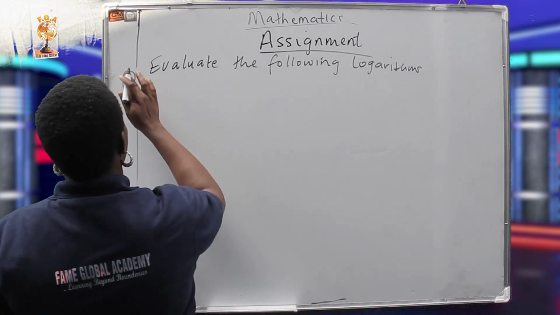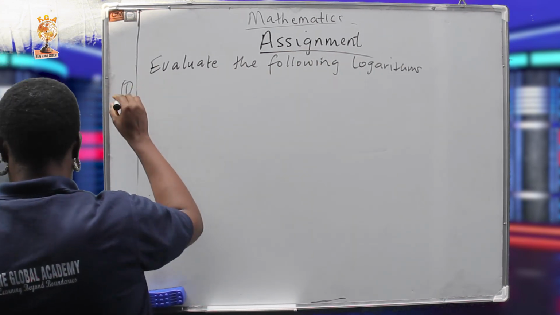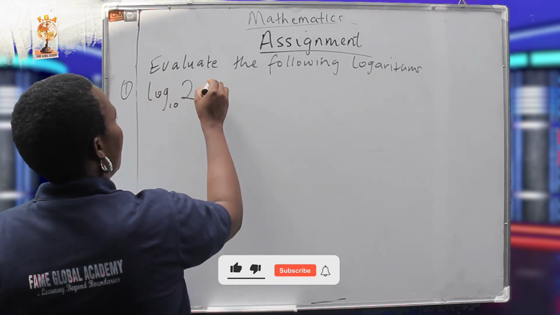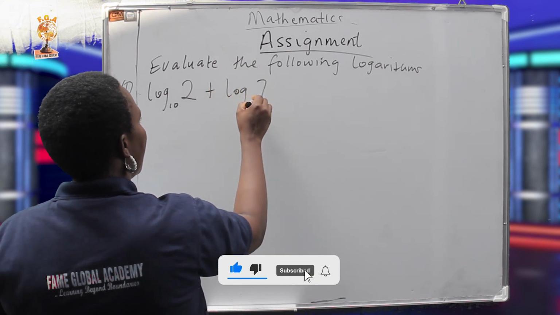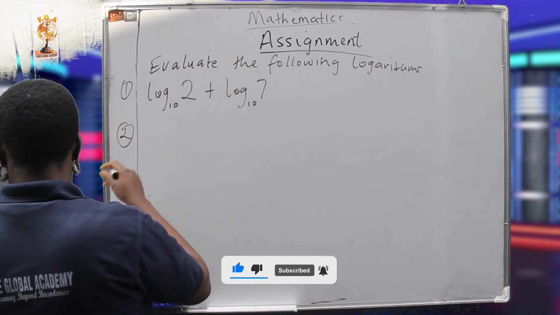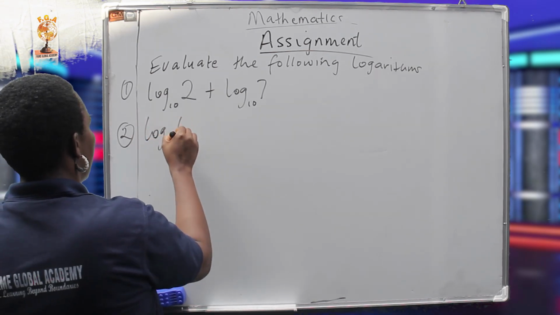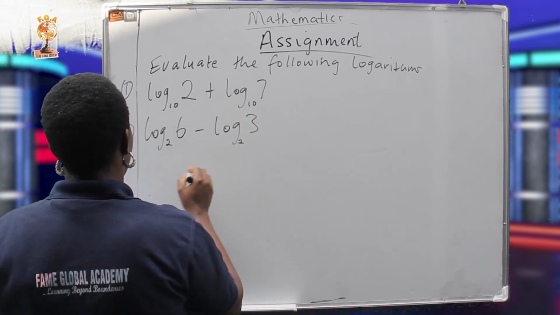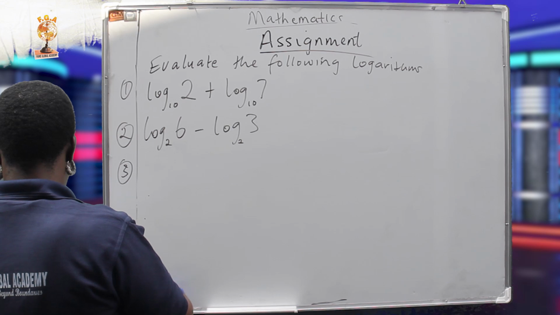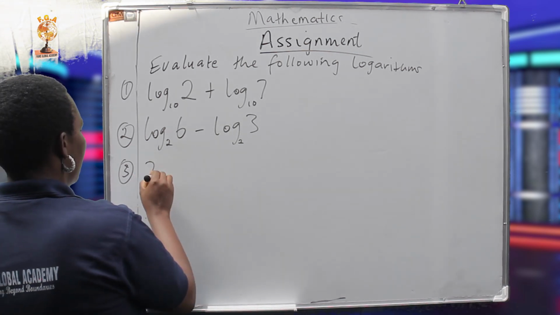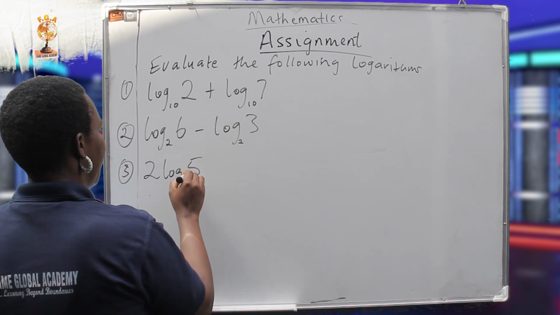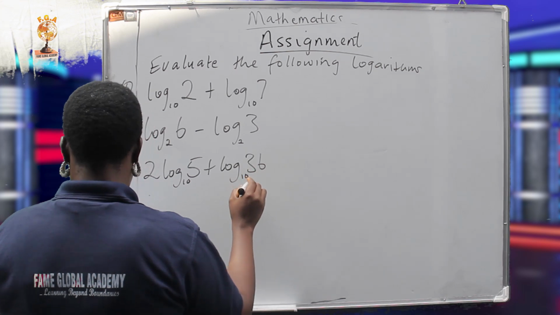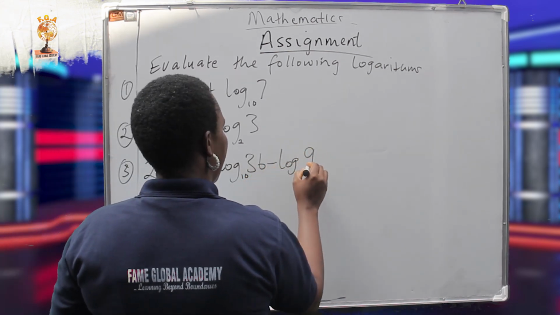Number 1, we have log 2 base 10 plus log 7 base 10. Question 2, log 6 base 2 minus log 3 base 2. And question 3, 2 log 5 base 10 plus log 36 base 10 minus log 9 base 10.